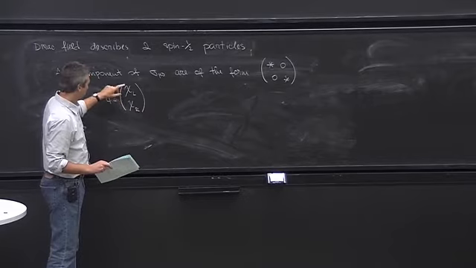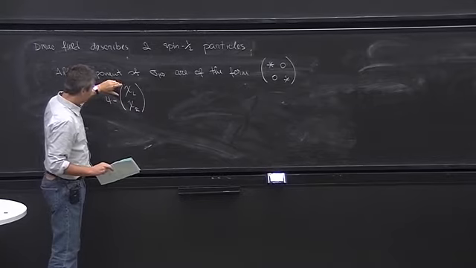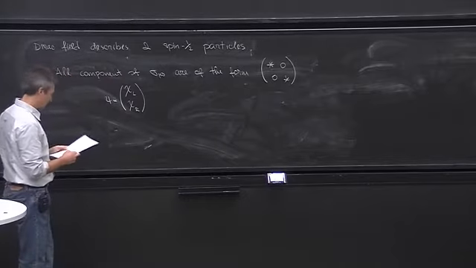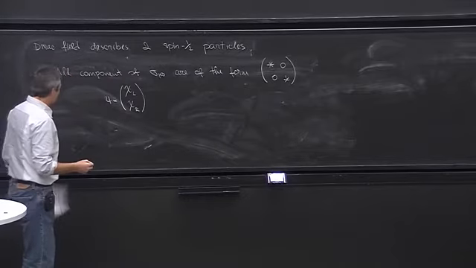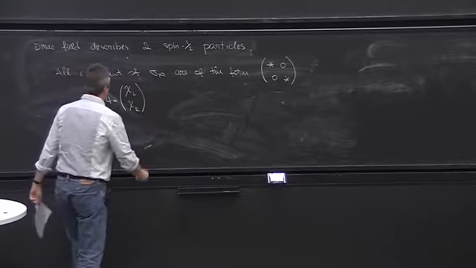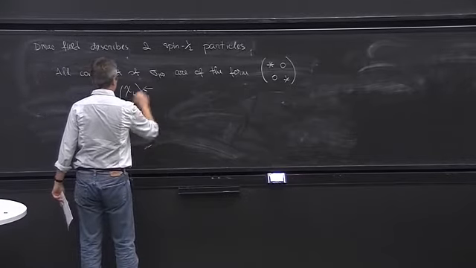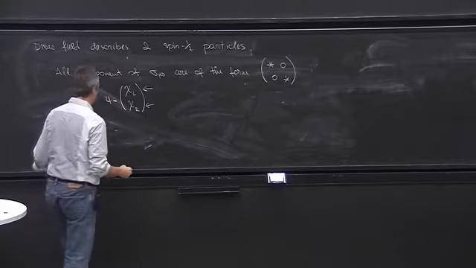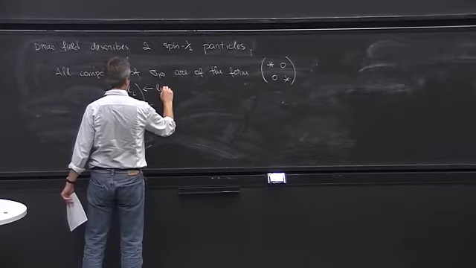So chi L will transform through itself, and chi R will transform through itself. So they transform independently, and they have names. So this is called the left-handed spinor.